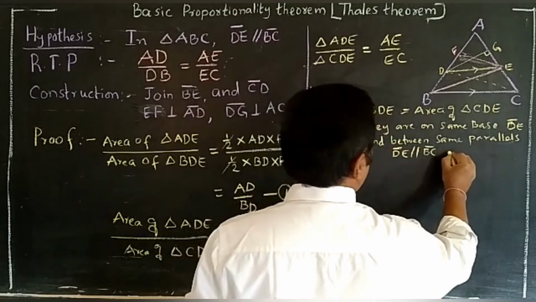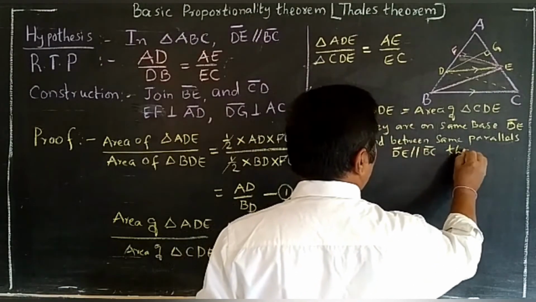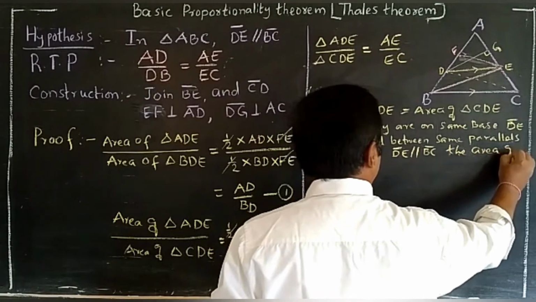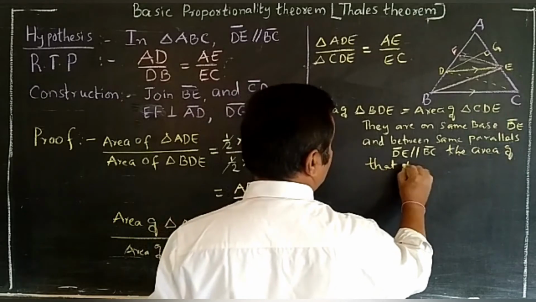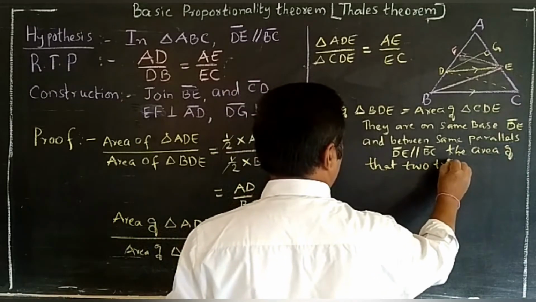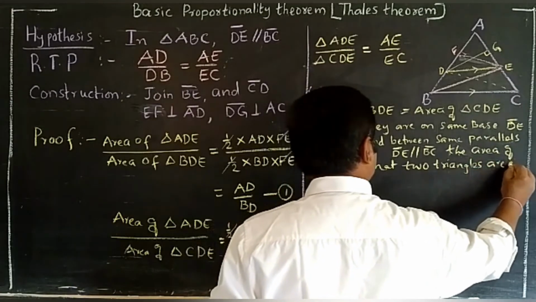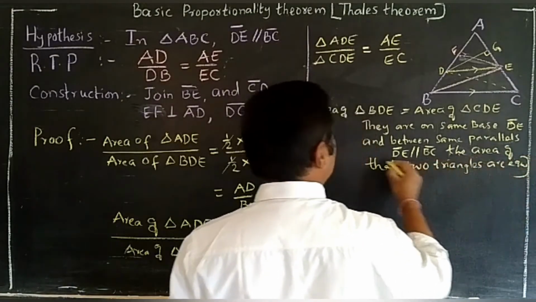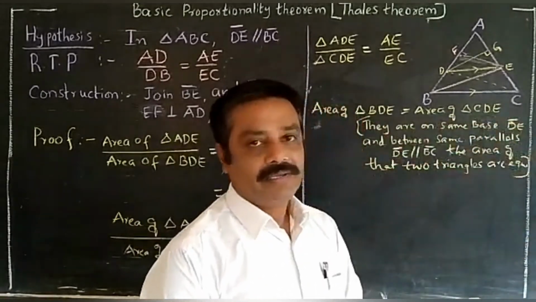So the areas of the two triangles are equal. By this condition, we already learned earlier in 9th class also.